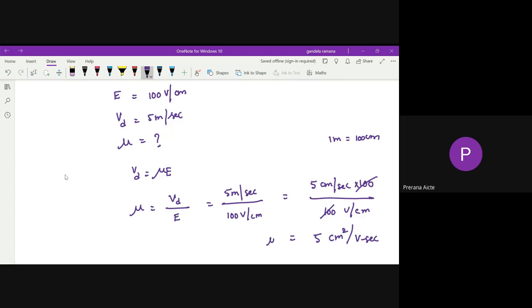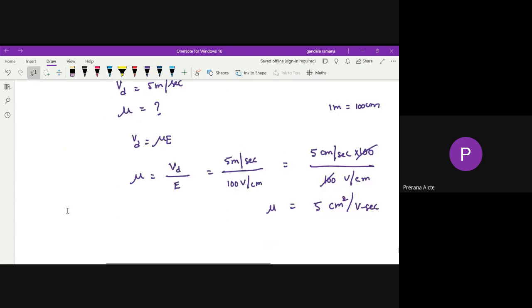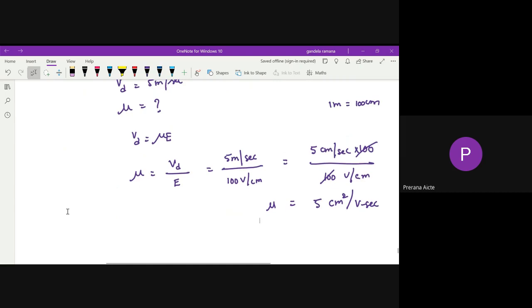Mobility is equal to 5 centimeter square per volt second.